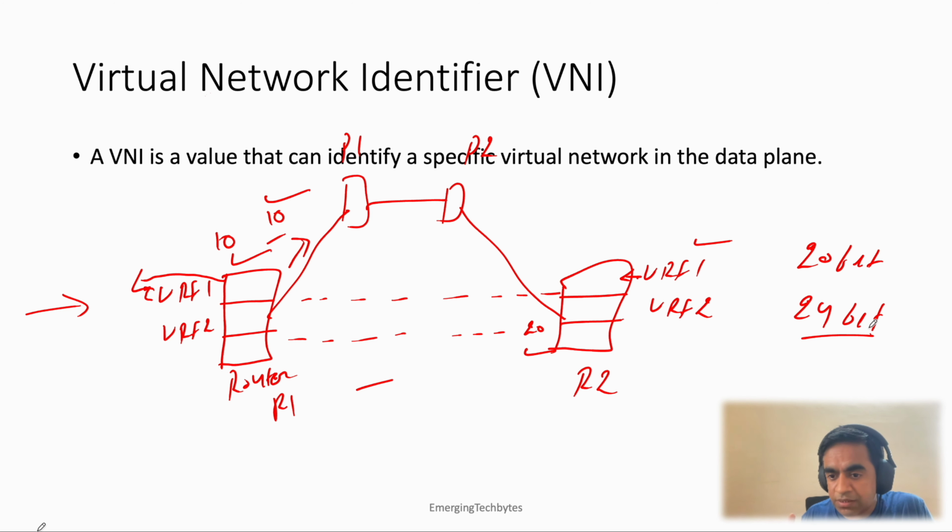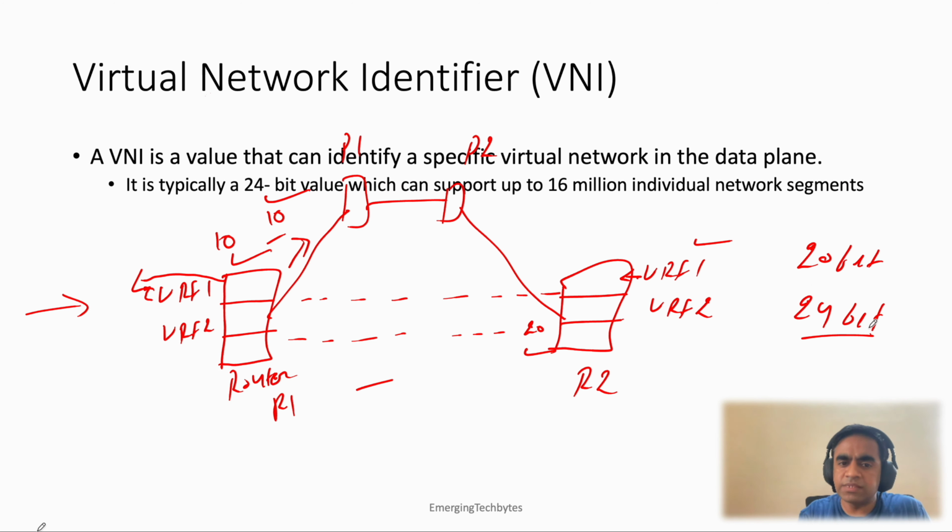How do you use it? What is layer 2 VNI, layer 3 VNI? For now, don't worry about it. We will cover those. But for this slide, the purpose is to convey what a VNI is, and hopefully you should be able to understand by now. As I was saying, it is a 24-bit value. In MPLS, a 20-bit value, doesn't matter. Those are enough values for us to identify multiple networks.